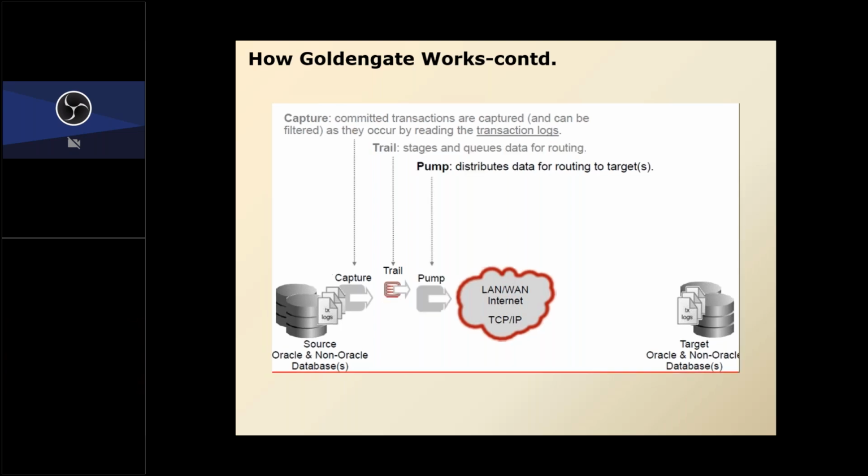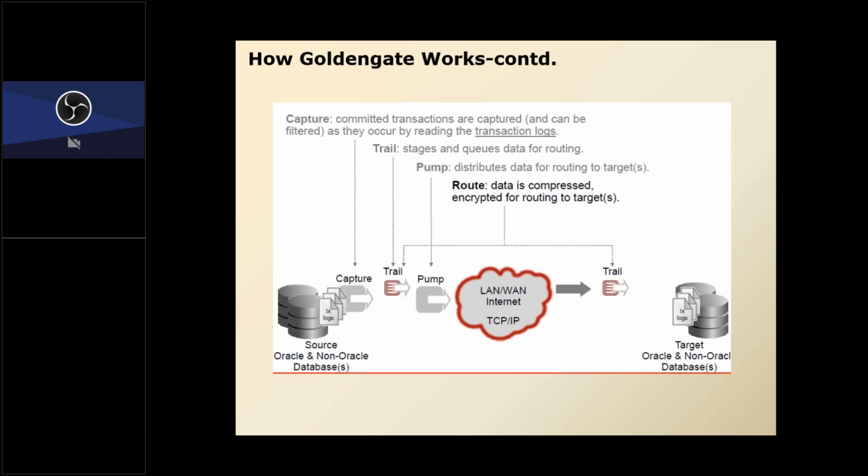Once the data is available in the local trail file, the Goldengate data pump process reads the data from the local trail, sends it over the TCP/IP network, and writes it to a trail file on the target machine, which is called the remote trail file. So the capture process captures the data, reading the transaction logs in a sequential manner, captures only committed transactions, and writes them to the local trail file on the local machine.